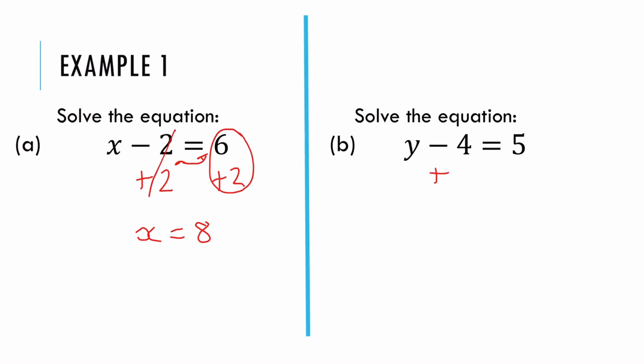So in order to cancel this out, we are going to add 4. That's the opposite of taking away 4. However, if I do this to the left-hand side, I also need to do this to the right-hand side. Minus 4 plus 4 gives me 0, so I'm just left with y equals, and 5 plus 4 gives me 9. y equals 9 is our final answer.